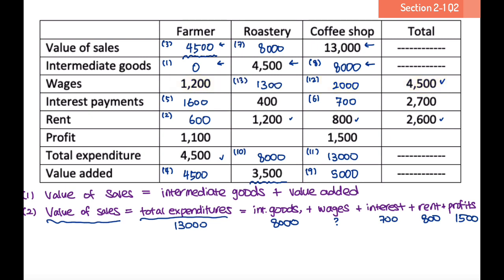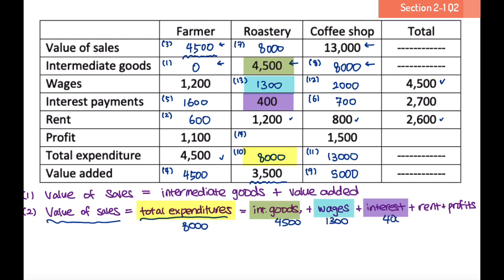And then we can also get the profit for the roastery by using, again, the second equation. So again, we know that the roastery's total expenditures or value of sales is 8,000. They spent 4,500 on intermediate goods, 1,300 on wages, 400 on interest payments, and 1,200 on rent. And the rest, which is left over, is going to be their profits.